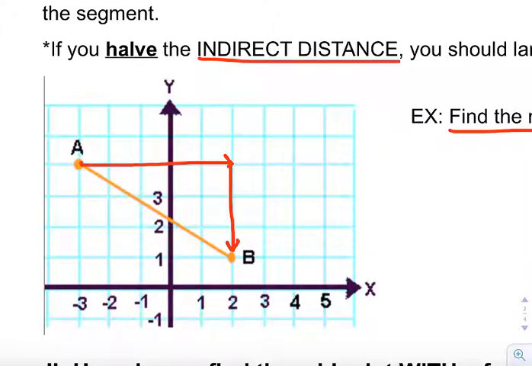Now, in terms of how you move, you can just count this distance. To go from A to B, all you really have to do is go to the right 1, 2, 3, 4, 5. So to the right 5, and then down 1, 2, 3.